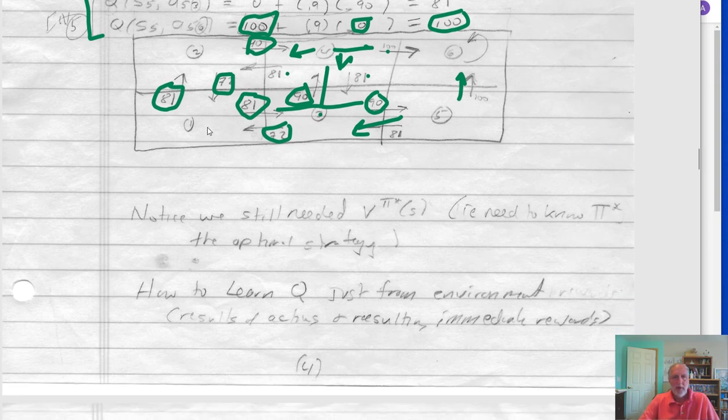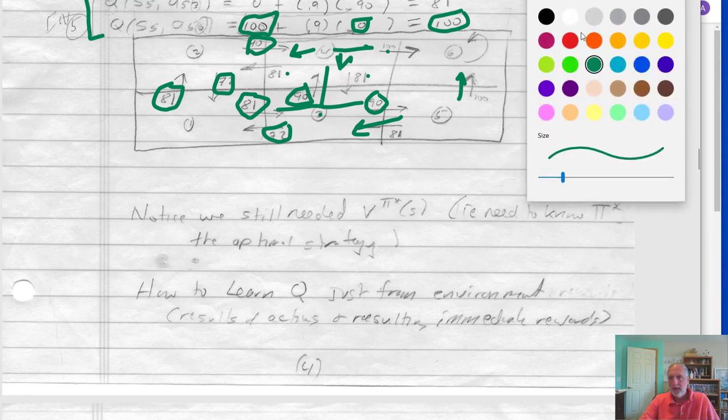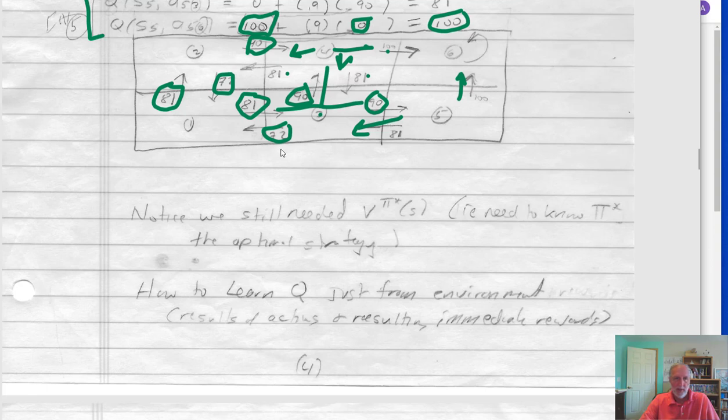All right, so now we look at this diagram here, and for any state, we can figure out, well, where's the best thing to do. So let's say we're in state 2. There's 2 options. We can go this way, or we can go this way.